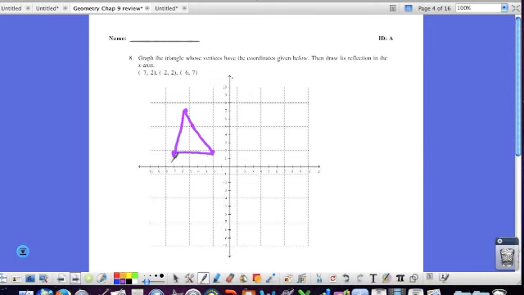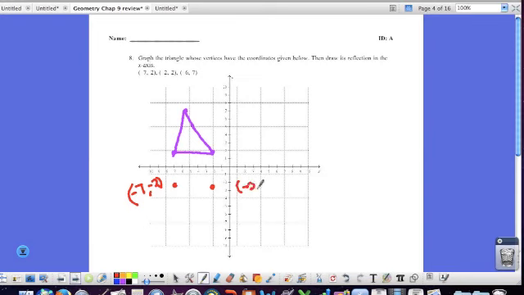So I'm still going to say at -7, instead of being 2 units above, I'm going to be 2 units below. That's going to be at -7, -2. -2, 2: instead of being 2 units above, I'm going to be 2 units below.